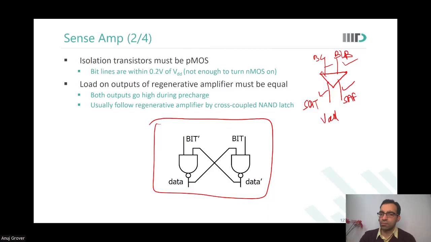Yes, sir. Now there is an output latch, an output buffer down there. If my SAT and SAF both are precharged to VDD, what will the output buffer do? How will it give an output there? It cannot, no?